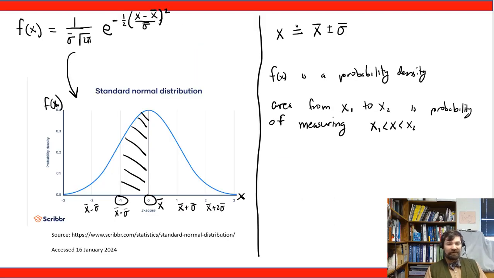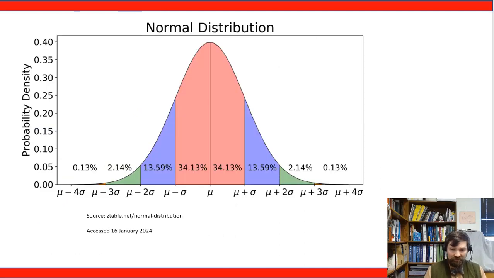By the way, if you find the area from minus infinity to infinity, then you'll get a value of 100%, or in other words, of 1. So if I want to know what's the probability of measuring between my mean and my standard deviation below, or my mean and my standard deviation above, I would basically go and find those two areas, add them together, and find that it's a little over 68%. Okay.